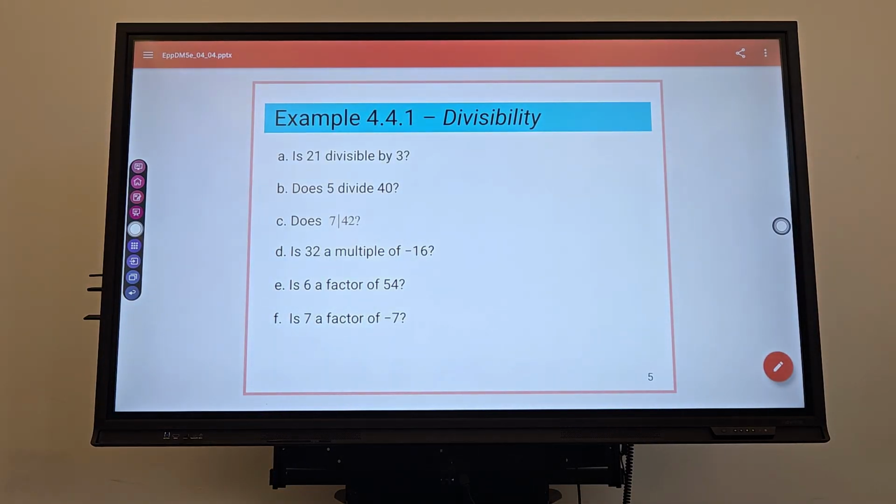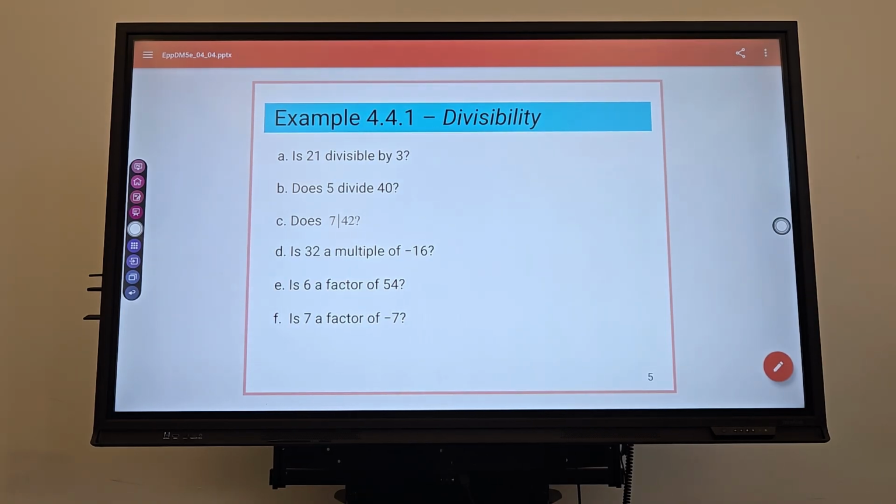Is 21 divisible by 3? Yeah. Does 5 divide 40? Yeah. 7 divide 42? Yeah. Is 32 a multiple of minus 16? I see mixed reactions. Yes, it is.